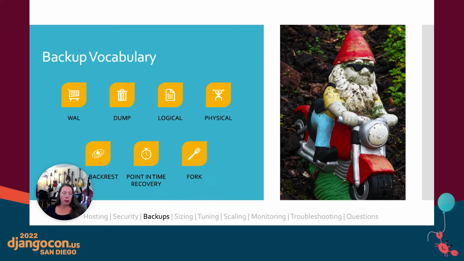So I talked about a couple different things in the last slide, and I just want to go over some high-level backup vocabulary. Postgres has some specific terms, and knowing what these are, especially when you're doing some reading in the docs, is helpful. You'll hear a lot about the Postgres WAL, which is the write-ahead log. And that is a log that's used by Postgres itself to ensure the disk's integrity.